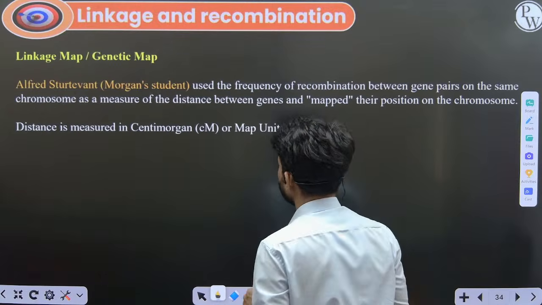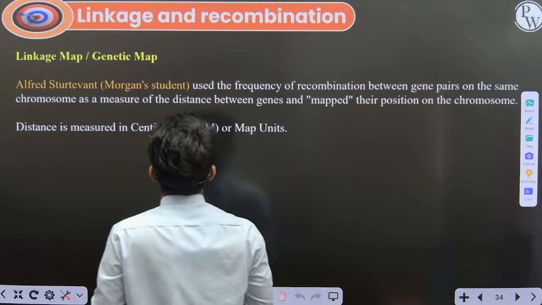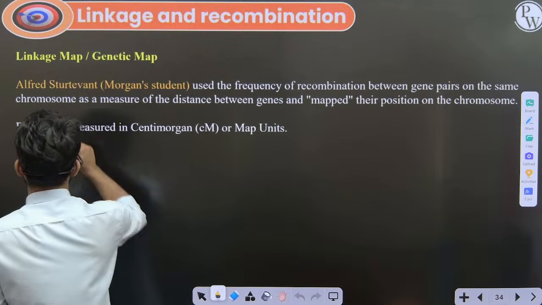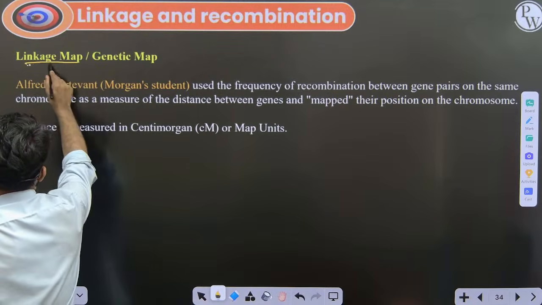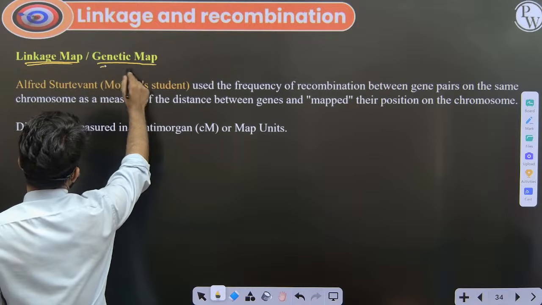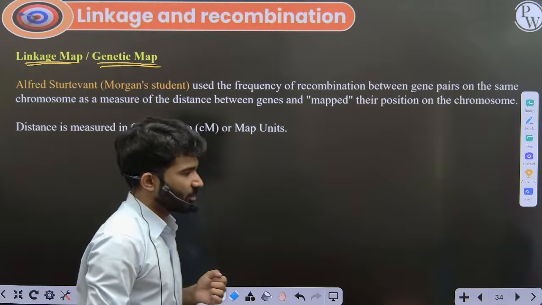The next part is about linkage mapping, also called genetic mapping.